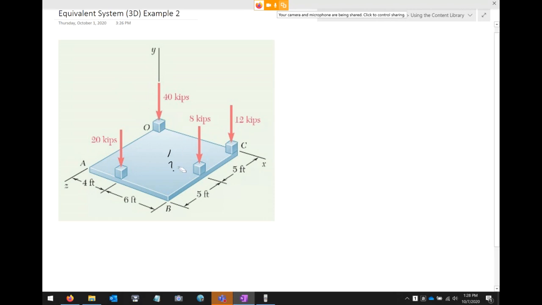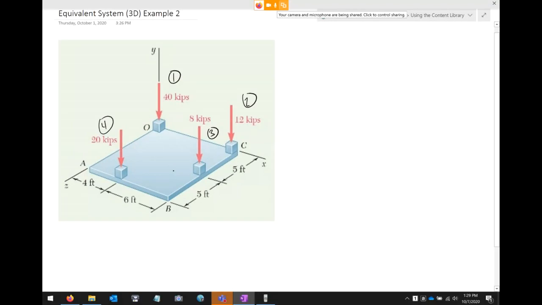It's pretty slick. Okay, so first we ought to do some numbering. There's no right or wrong way. Maybe we'll say this is number 1, this is number 2, number 3, number 4.